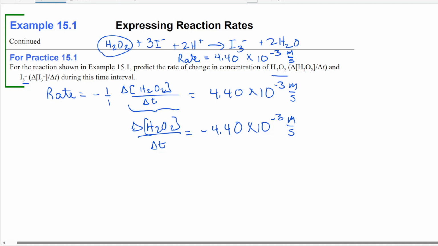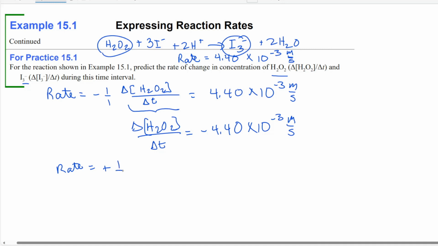Next, we'll calculate the same thing for the I3⁻ species. We see that the rate is equal to, the coefficient for this one is also 1, and since this is a product, we use plus instead of minus.